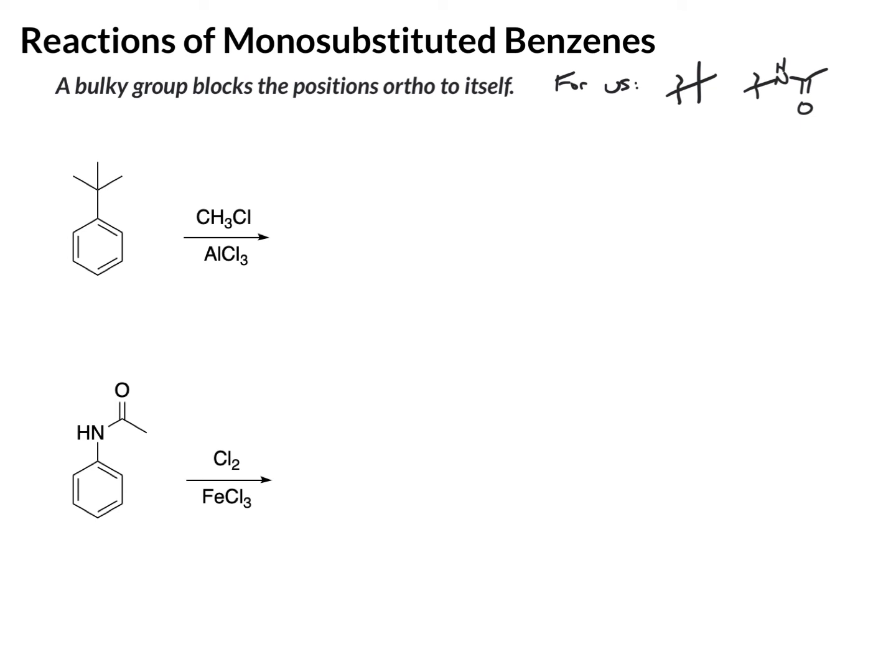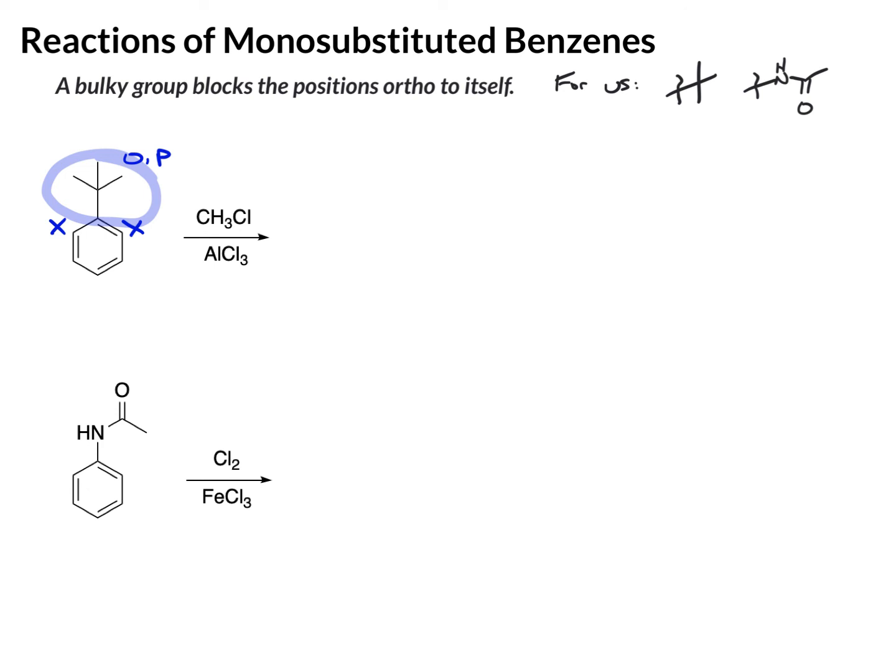So if we have tert-butylbenzene and we try to do a Friedel-Crafts alkylation, the tert-butyl group is an alkyl group. It's an ortho-para-director. But because it's so bulky, what it does is it takes up a bunch of space here, and effectively it blocks out these ortho positions, making them unreactive.